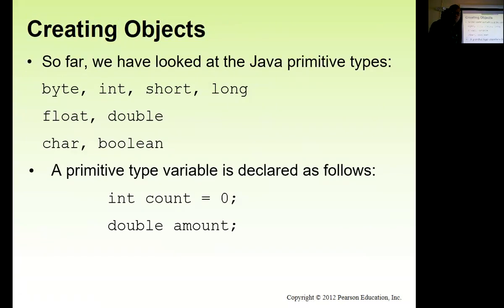We also showed you that a primitive type is declared in Java, and here's an example. int count = 0 is an example of creating a primitive type of type integer, which is also assigned a value at the same time. Now, you will note that we can also create a primitive type without assigning it a value.